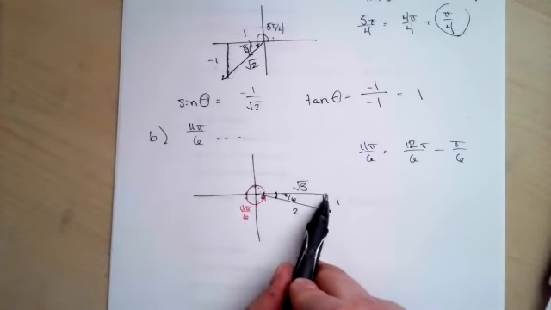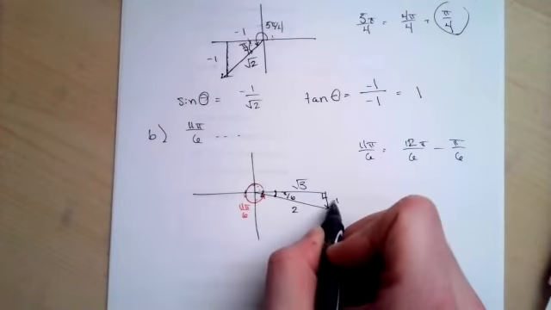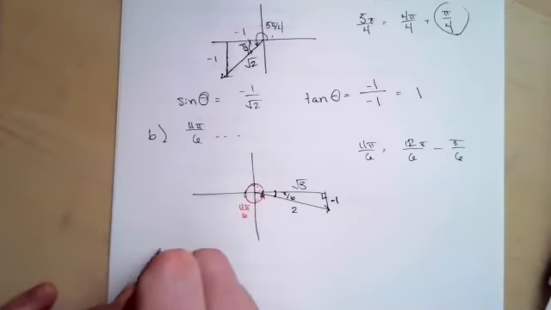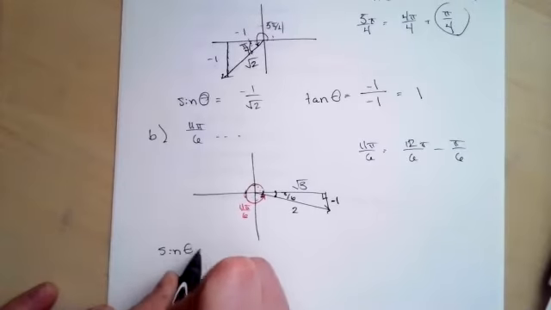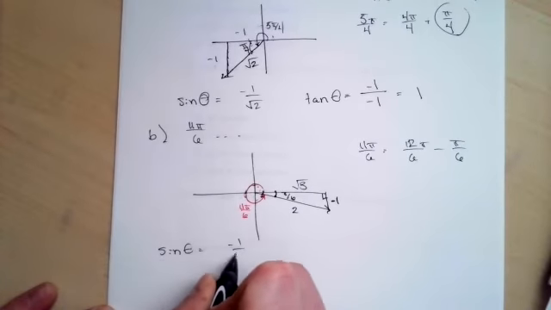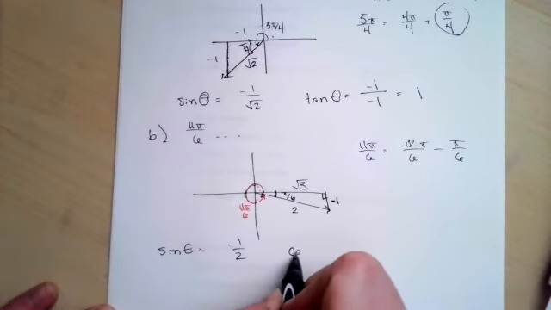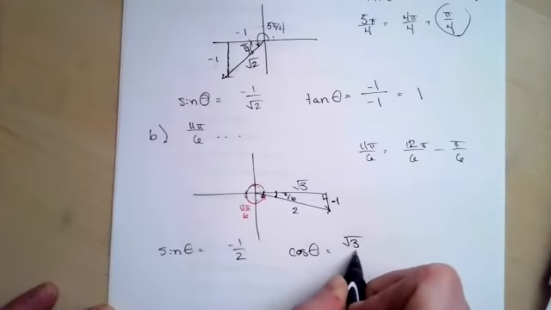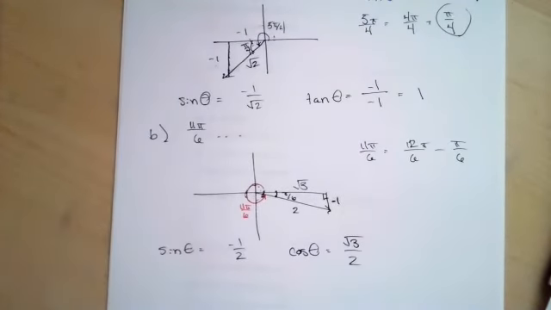We are on the positive x, but we go down. So we are on a negative y value. So the y value has to be negative. And so now if we evaluate, say, sine of theta, it's going to be negative 1 over 2. If we evaluate cosine theta, it's going to be positive square root of 3 over 2. And then you can evaluate the other trig functions, again, based on those ratios.